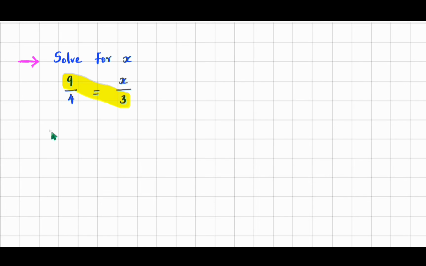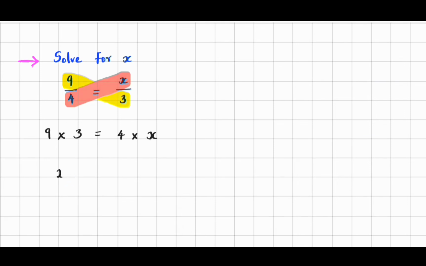So in this case, we have 9 times 3. Then we repeat on the other side: we take the 4 which is in the denominator and cross multiply with the numerator x. So we have 4 times x. After simplifying, we have 27 equals 4x.